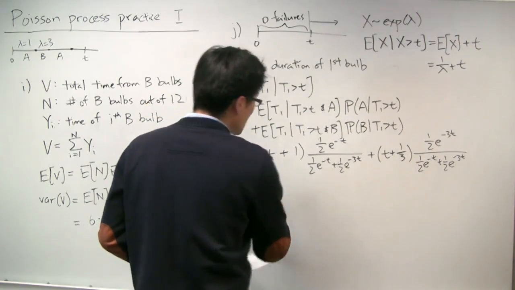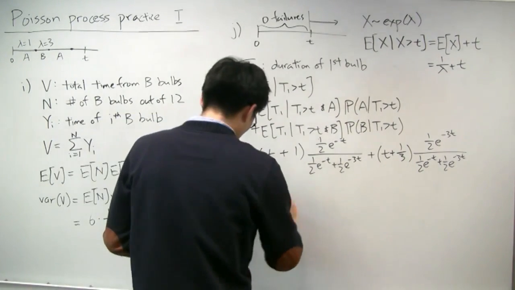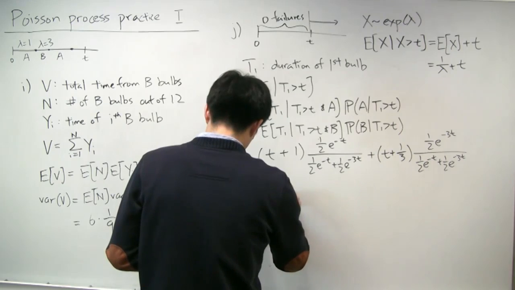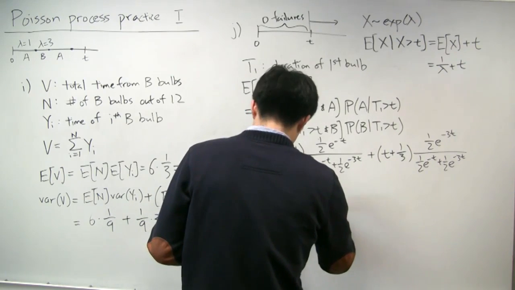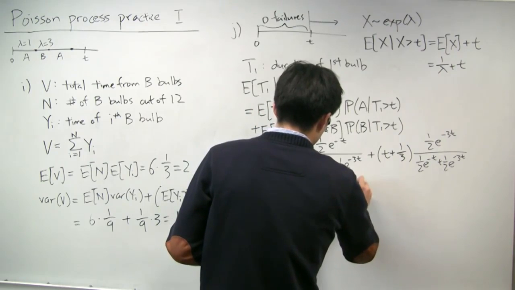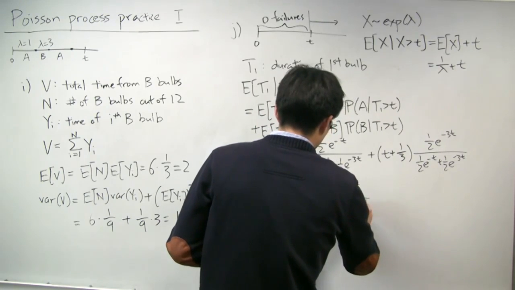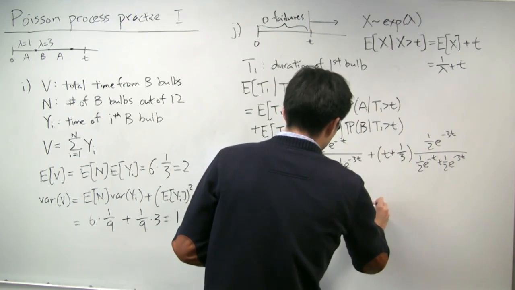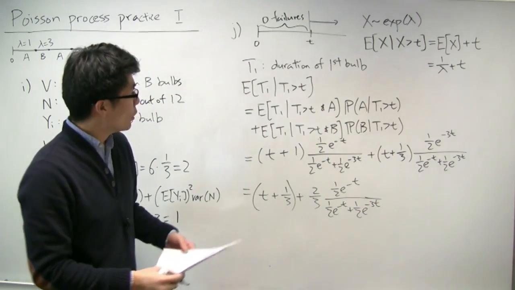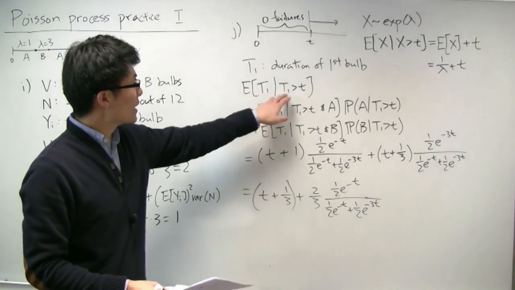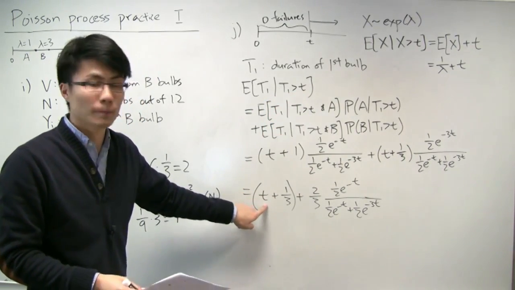And we are essentially done, because this is the answer. We can simplify it a little bit and write it as t plus 1/3 plus 2/3 times 1/2 e to the minus t over 1/2 e to the minus t plus 1/2 e to the minus 3t. If we group it like that, what we know is that given that it's lasted until t, the total time is at least t.